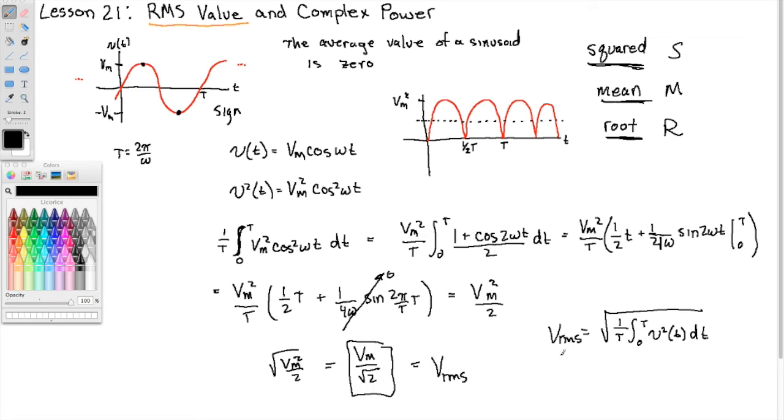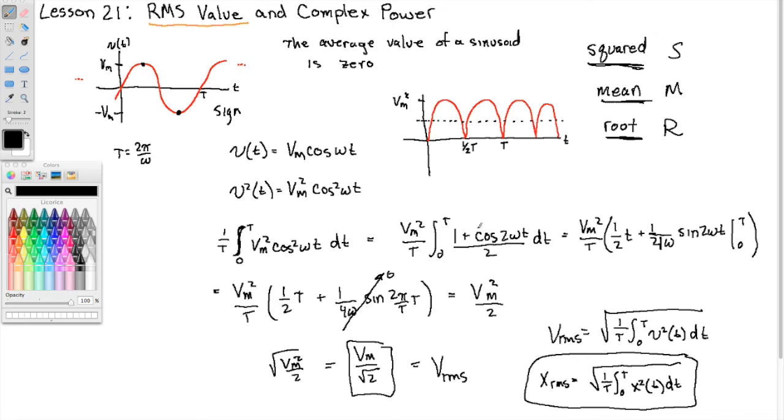And in general, for any signal, not just voltage, but current as well, power, any periodic signal really, this is not limited to sinusoids, we're going to take the square root of the average of the square, and that is going to give us the RMS value.